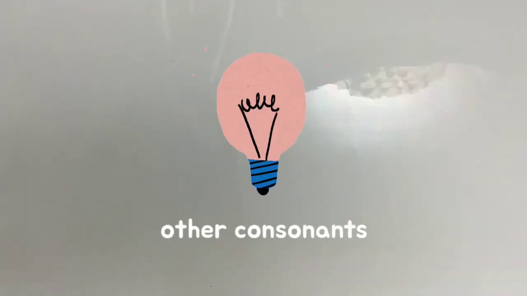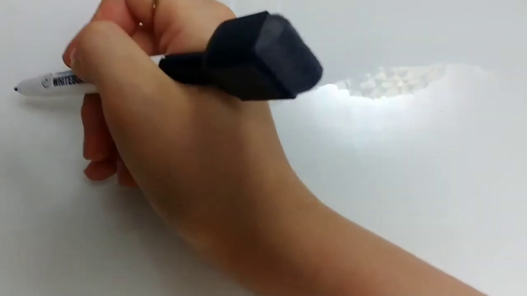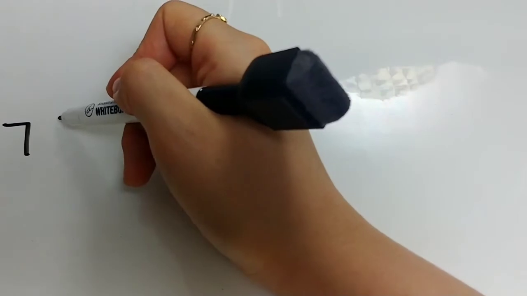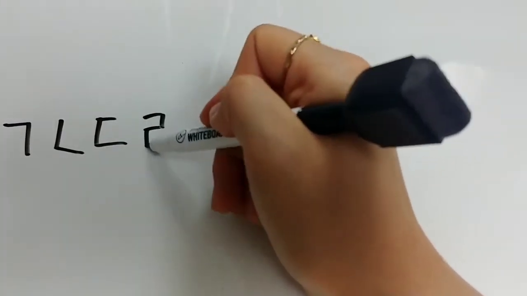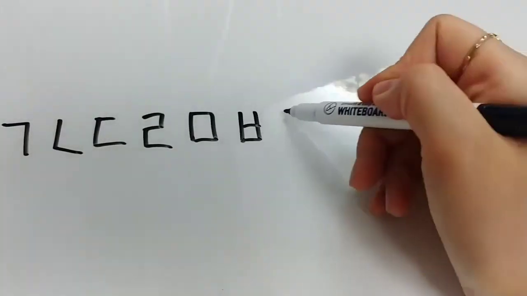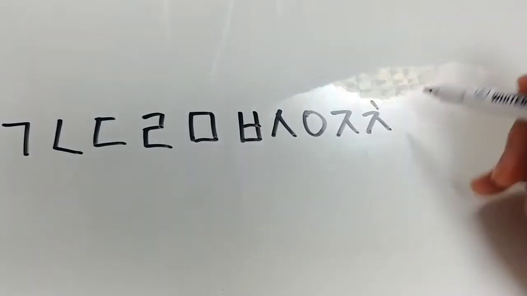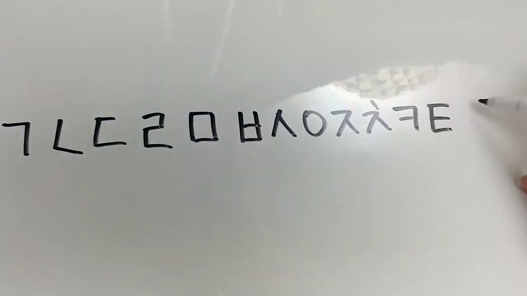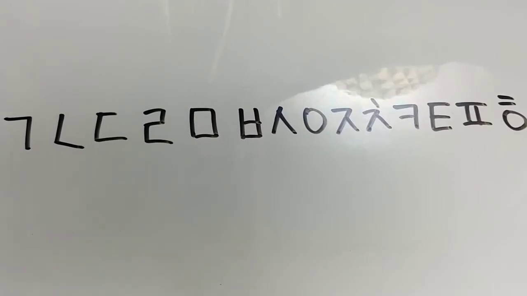Then let's move to the other consonants. Okay, then let's review the consonants we just learned. Okay, these are the 14 consonants. And actually, there are more consonants, and these are the double consonants.